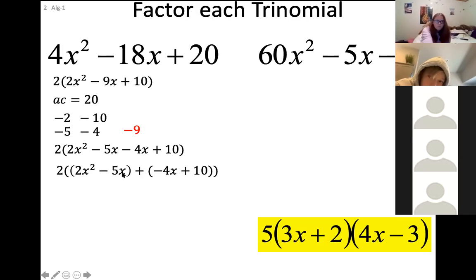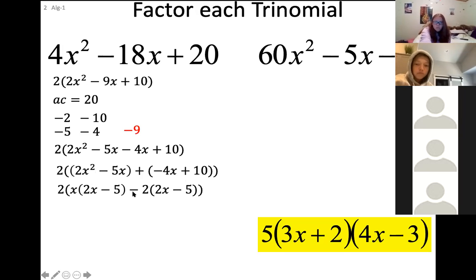So I'm going to pull out an x on my first binomial. On the second one, I'm going to pull out a 2 on my second binomial. X times 2x is 2x squared. X times negative 5 is negative 5x. Remember, when this one is negative, we're always going to pull out a negative. So I pull out a negative 2 times positive 2x is negative 4x. And negative 2 times negative 5 is a positive 10.